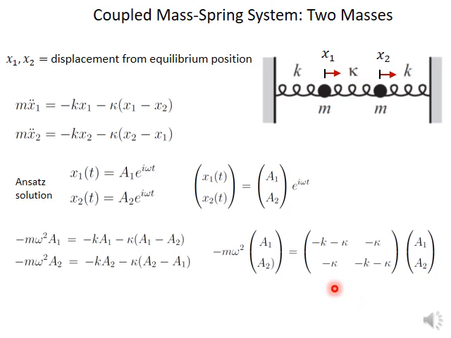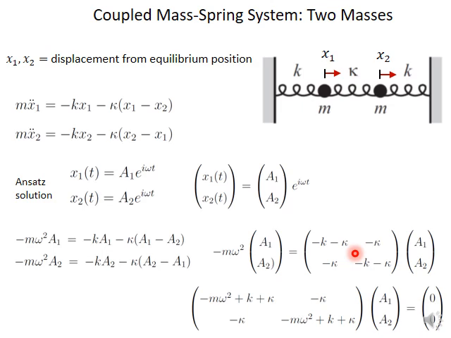The matrix is given by the spring constants k and kappa, and a combination of them. I can move this term to the left hand side, and what I get is this big matrix multiplied by these vectors a1 and a2 equals 0.